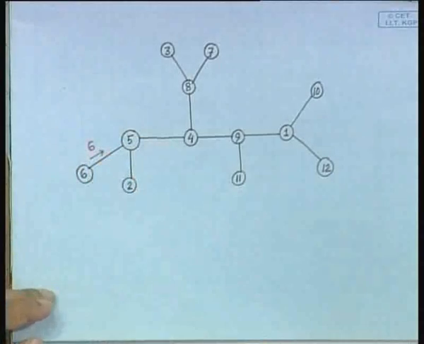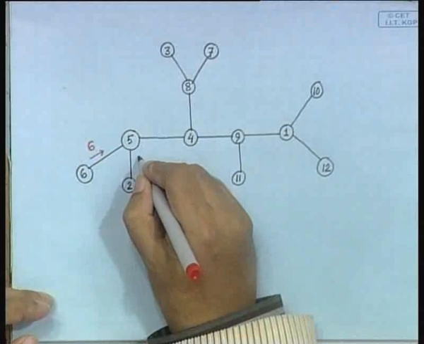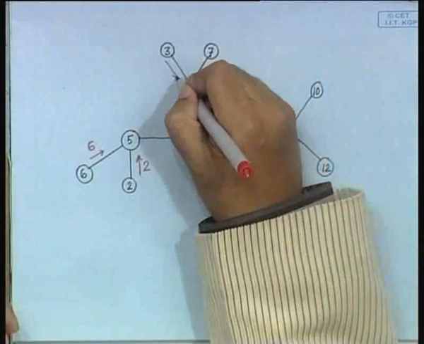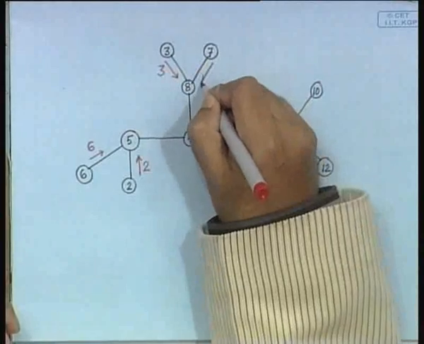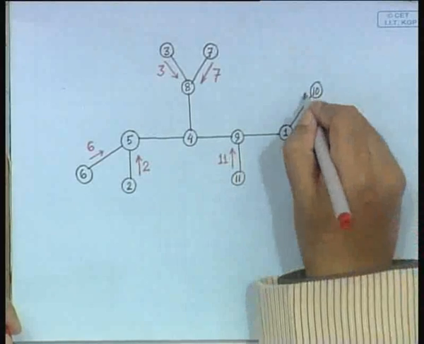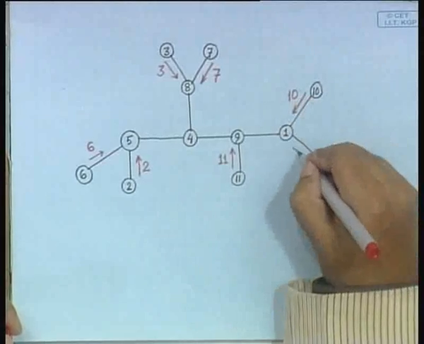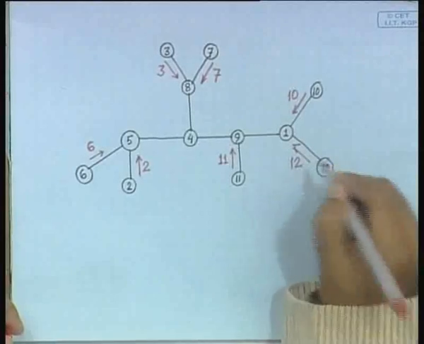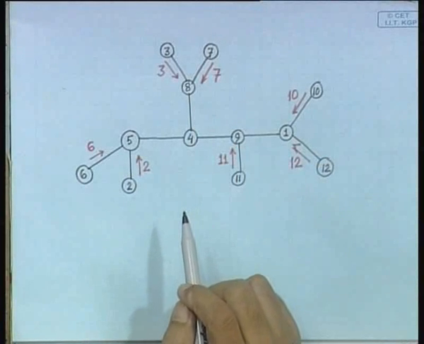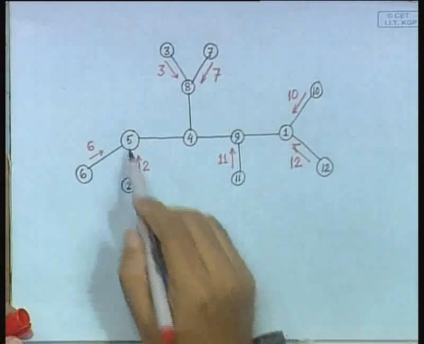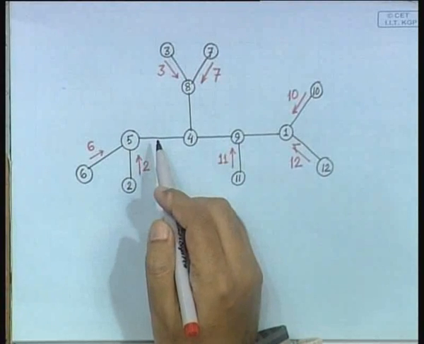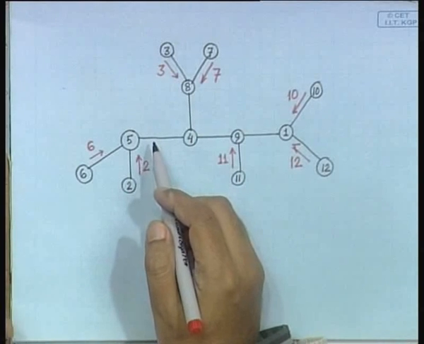So, this one will send a token with 6, this one will send a token with 2, right, this one will send a token with 3, 7, now see at this point 5, 4, 8, 9, 1 they are not going to send anything, because initially the number of neighbors from which they have not got tokens is more than 1, right.